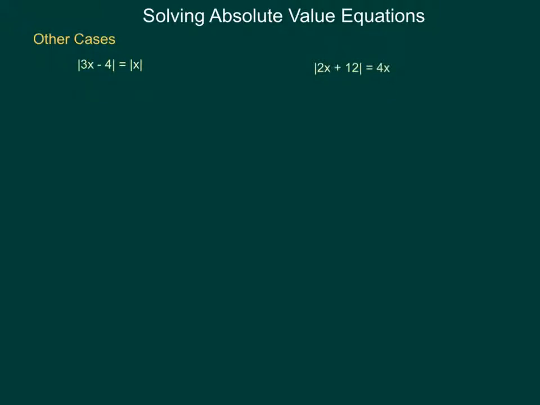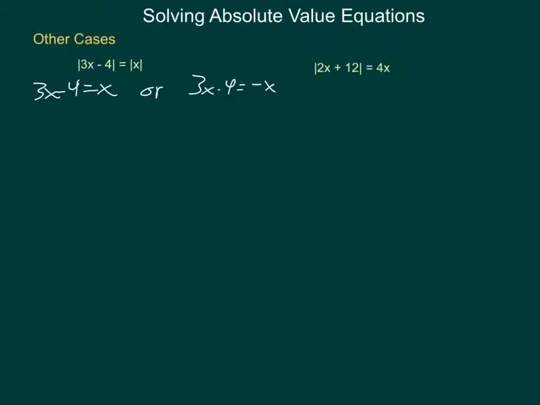Now, some other cases. What happens when we have absolute value on both sides of our equal sign? Same thing. We're going to apply the same principle we had before. So, all the absolute value is isolated, which in these cases it will be. So 3x minus 4 equals x, or 3x minus 4 equals a negative x.